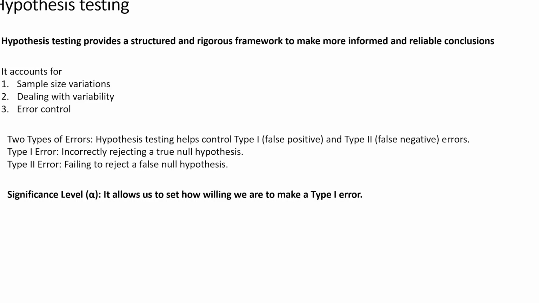We will be discussing two types of error in this discussion: both type 1 error and type 2 error. Type 1 error is incorrectly rejecting a true null hypothesis. For example, if someone has tested positive for COVID, but we reject the claim, saying he is actually negative, that is called type 1 error.